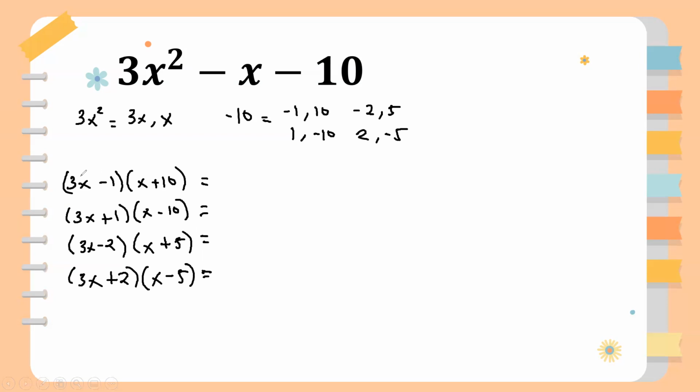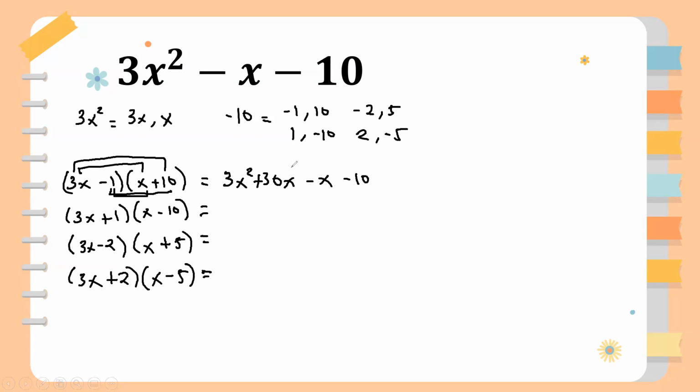So, we have first term, 3x times x, that's equal to 3x squared. For the outer term, 3x times 10, that's 30x. Negative 1 times x, that is equal to negative x. Negative 1 times 10, that is equal to negative 10.